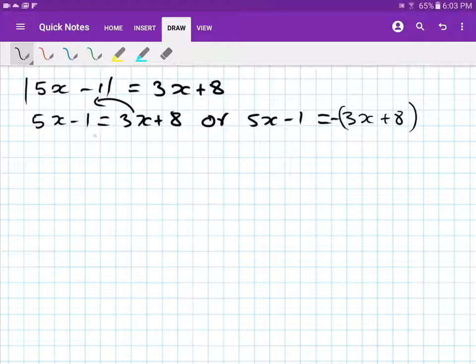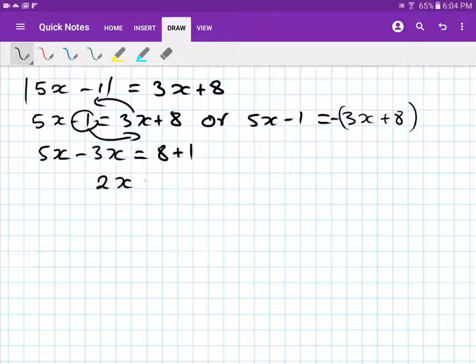So I move 3x to this side, negative 1 to that side. The 5x I write down, 3x moves over and becomes minus 3x. 8 I put down, 1 moves to this side and becomes plus 1. So 5x minus 3x is 2x. That gives me 9. So I divide by 2 on both sides, so x is equal to 4.5.